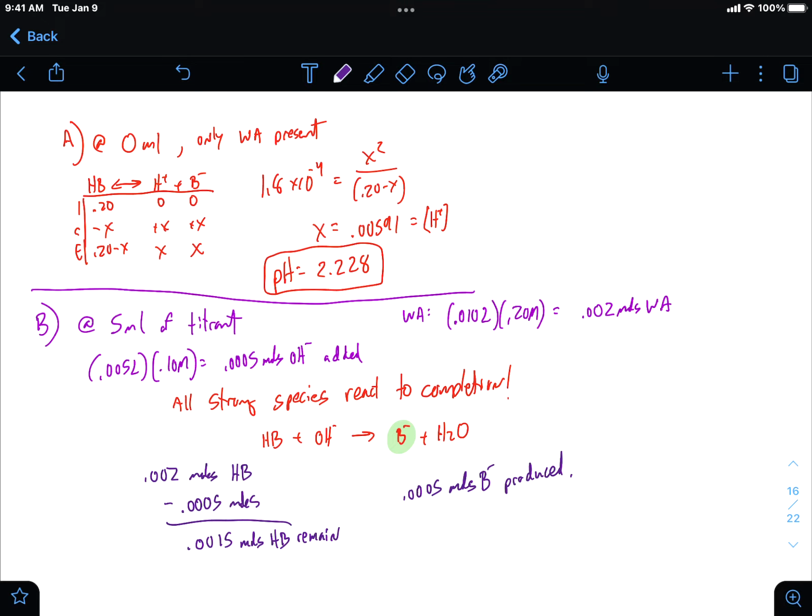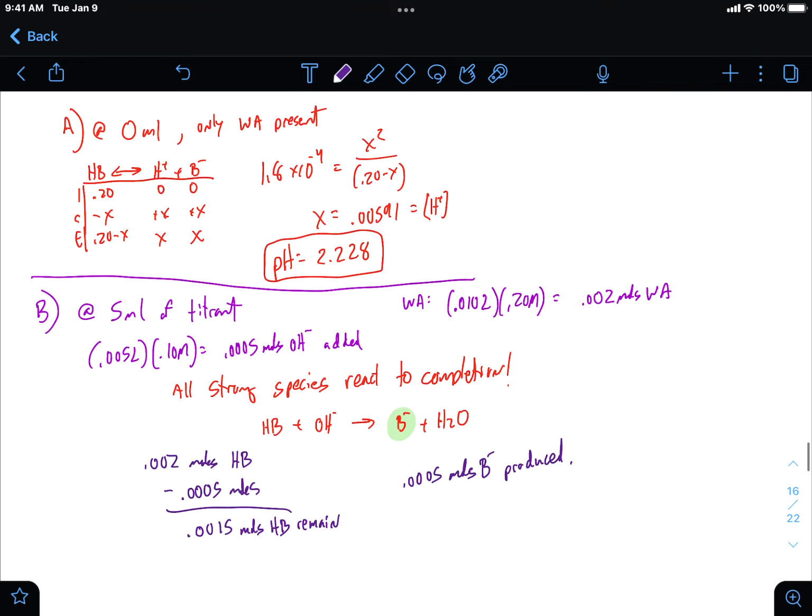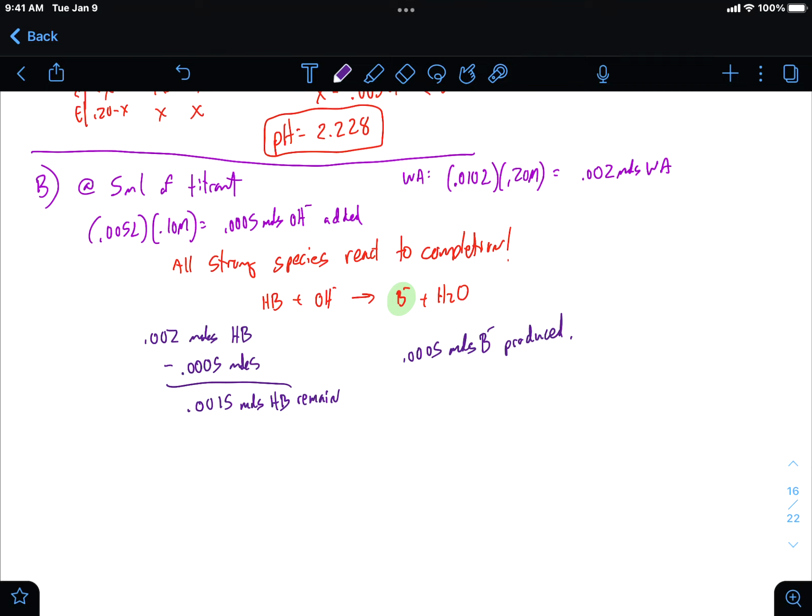So, look, we have a weak acid and we have a conjugate base. Now I can calculate what the pH is by using an ice table. I will need to recalculate what the concentrations are, because with the addition of solution, the volume has been extended.